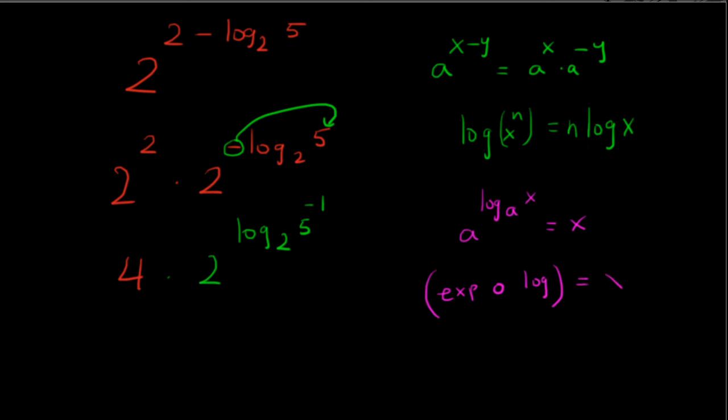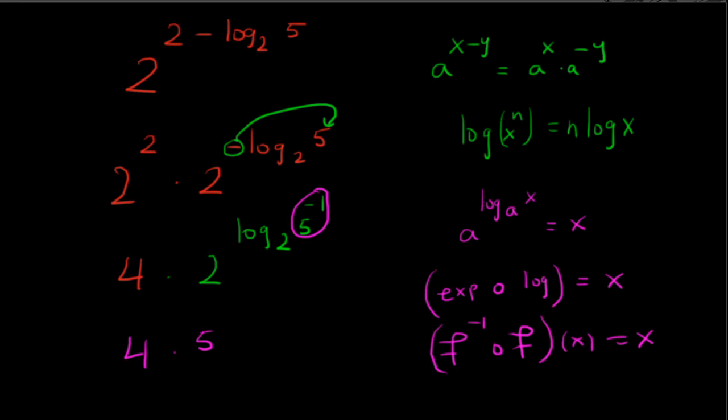You'll always get whatever is the exponent, x in this case. So you always get what's over here. In this case, that would just be 5 to the negative 1 power, which is 1 over 5, so the answer is 4 over 5.